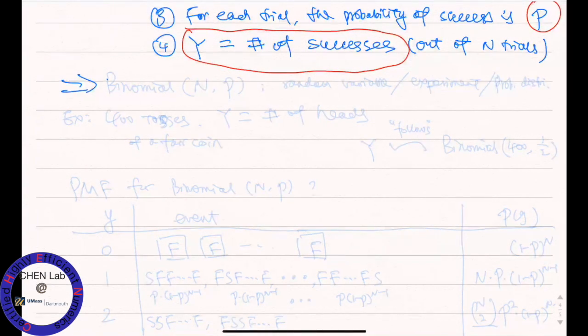Then this is the so-called binomial (n, p). The two key quantities, we put after the name, inside the parentheses, n, p, right?